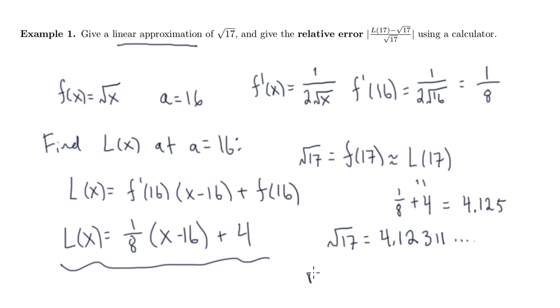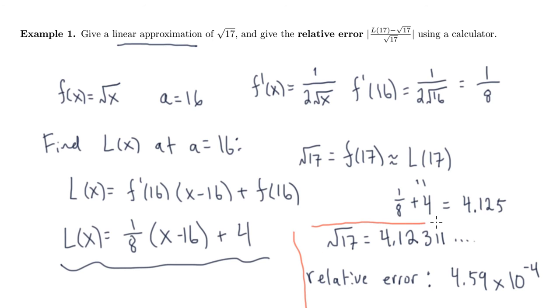And if we find the relative error, what is the relative error? Well, I just plugged it in a calculator, and I got 4.59 times 10 to the minus fourth. So we see that relative to the value of the square root of 17, this error is pretty good.